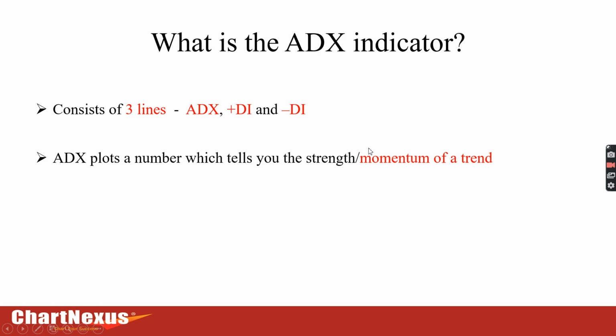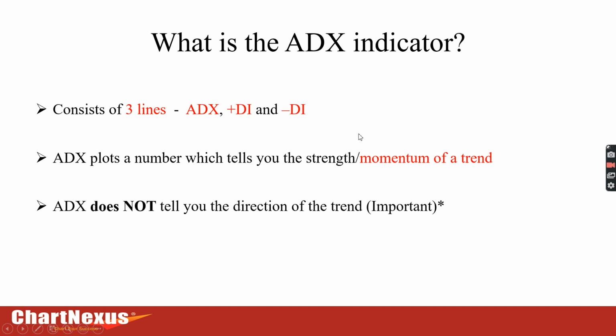Now, it's also very important to understand about the ADX line, and one of the biggest misconceptions of people who don't really understand the ADX indicator is that it does not tell you the direction of the trend. When it oscillates up and down, it's not telling you whether it's an uptrend or a downtrend. It is telling you the strength behind that particular trend.